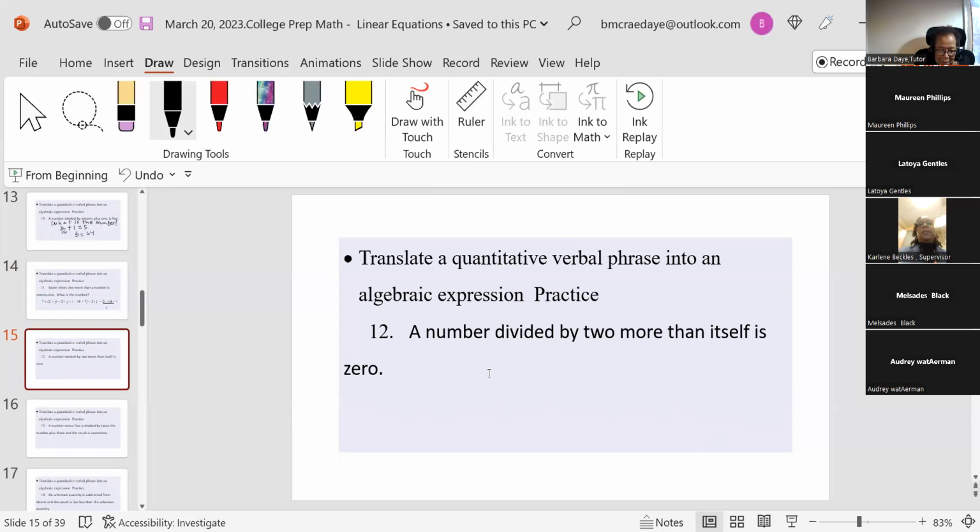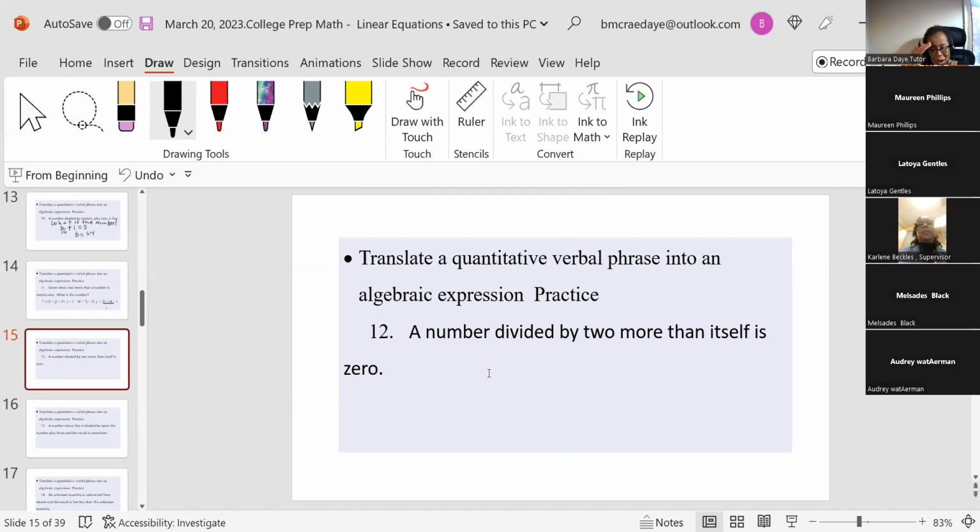What is the number, Maureen? What do you say? P. No, the value. Oh, you said a number divided by 2 more than itself. Yes.